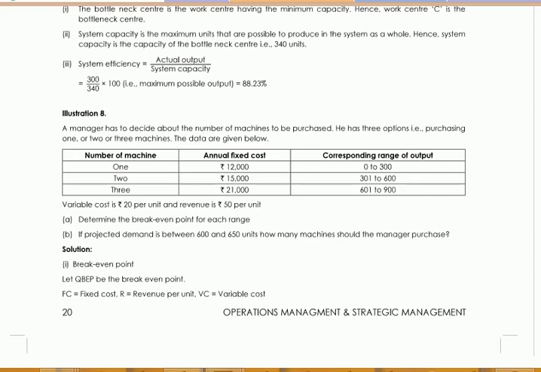The question says that the projected demand is from 600 to 650, and they are asking how many machines the manager should purchase. We don't have the exact figure. That is why the question gives us the range from lower limit to higher limit. The lower limit is 600, the higher limit is 650. How many machines should be purchased if the projected demand lies somewhere in between this range?